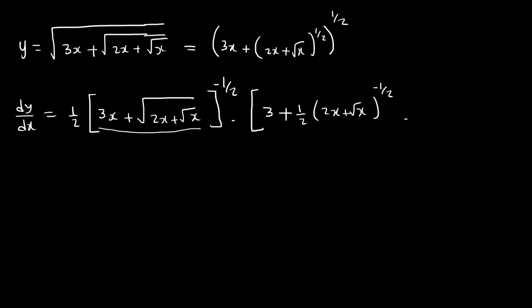Which means after that square root we have to go inside, which is here. Then if we go inside there, what do we have? We have 2 plus square root of x. If we derive square root of x, we have half x exponent minus half there. Then now we are done.